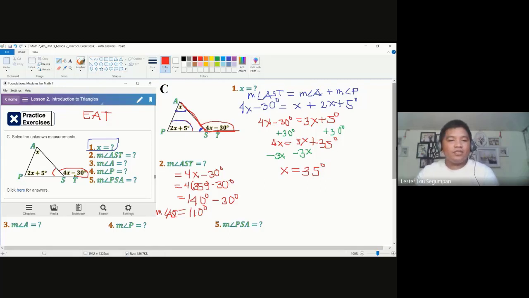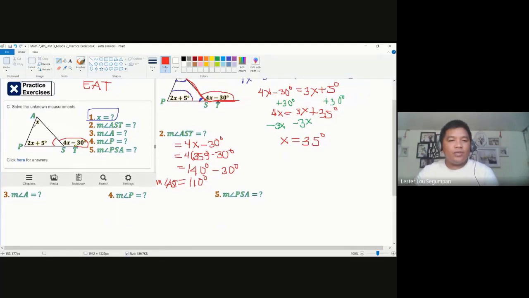For the measurement of angle A, which is given to be equal to x, and x is 35 degrees, we simply say that the measurement of angle A is 35 degrees. That's for number 3. It's too easy because we don't have any constant or numerical coefficient other than 1. And I will have number 4.